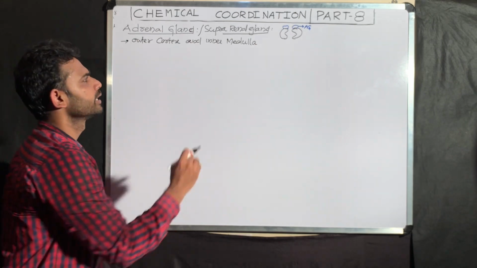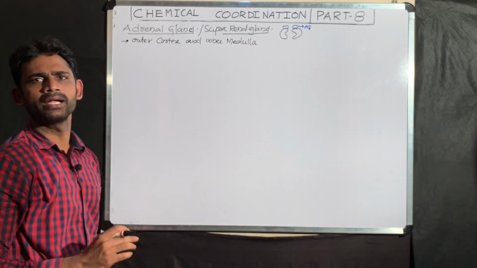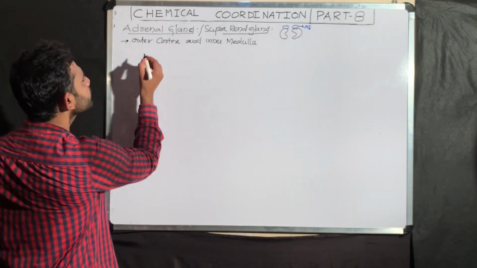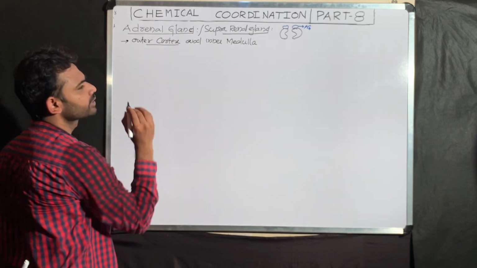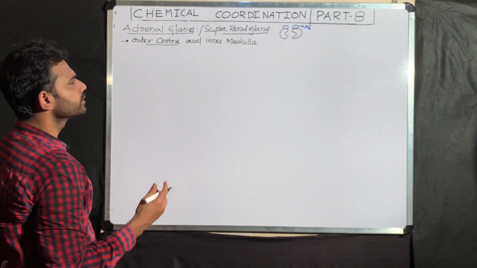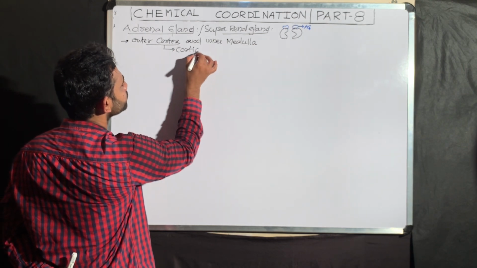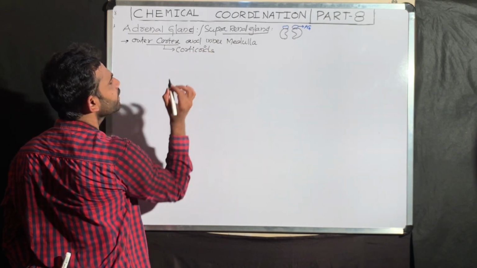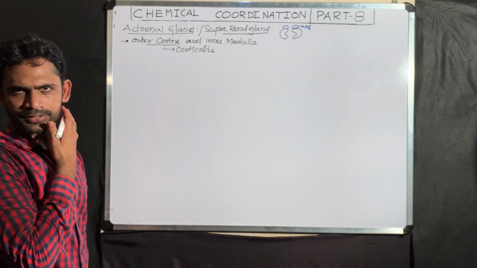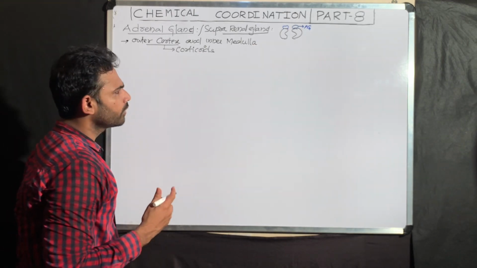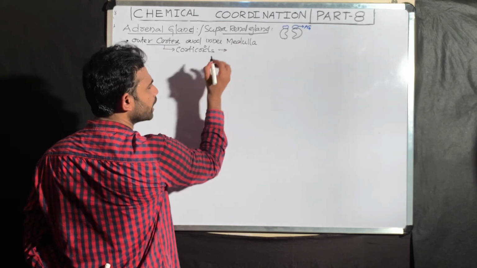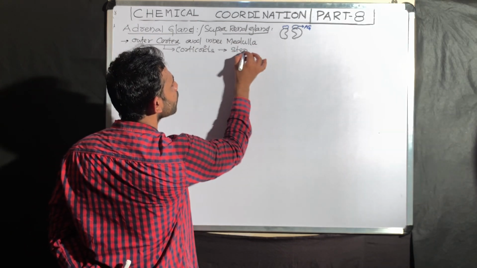In the next part, I will speak about the medulla and its hormones. The cortex releases a group of hormones called corticoids. Cortex derivatives are called corticoids. These corticoids are a group of hormones, and all of them are steroid hormones.